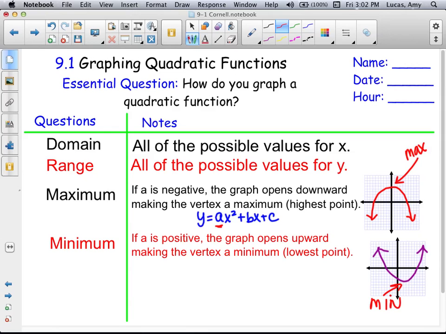The maximum and minimum are going to help us with finding our range, the maximum height or the minimum height of the graph, talking about the possible values for y.